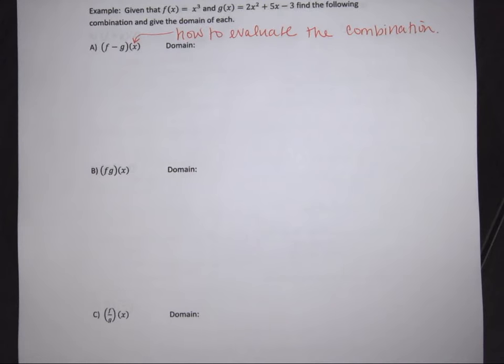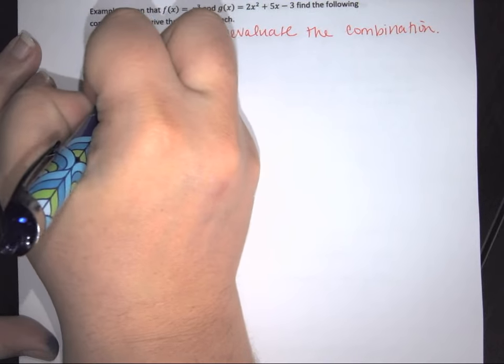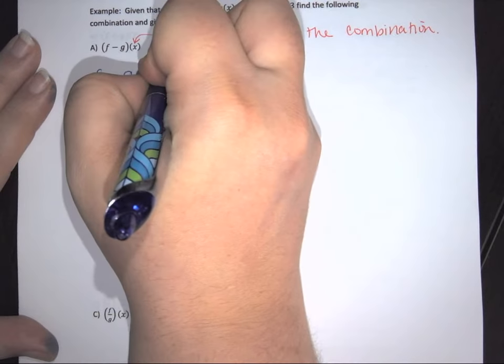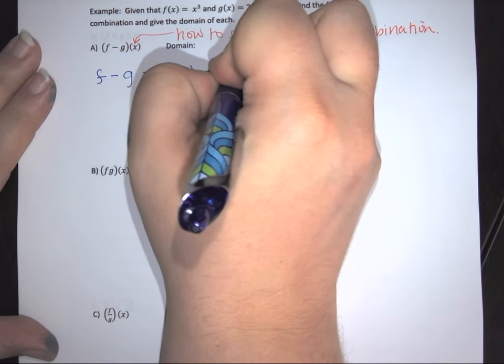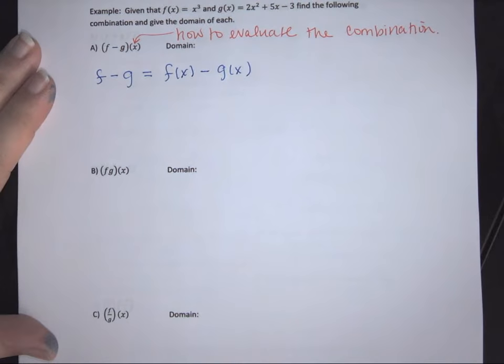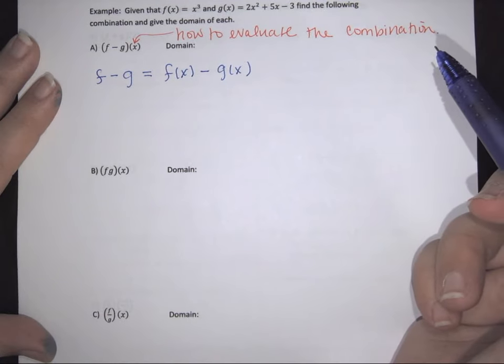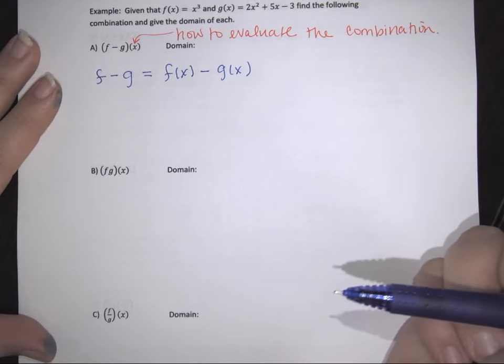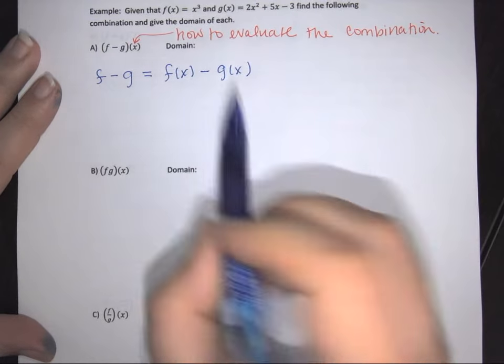So we have to look at f minus g, which is the same thing as saying f of x minus g of x. When we do that, f of x is x cubed, g of x is 2x squared plus 5x minus 3, and we have to take this negative sign into account.